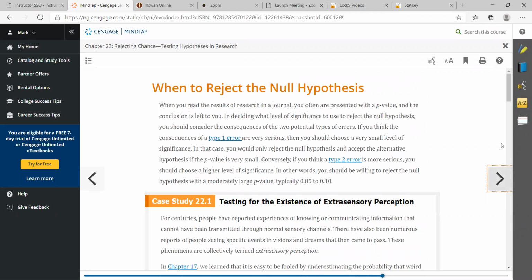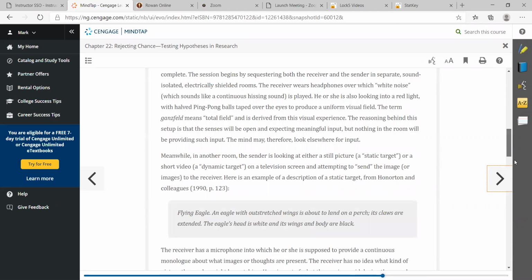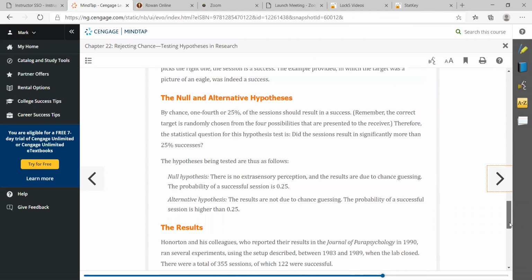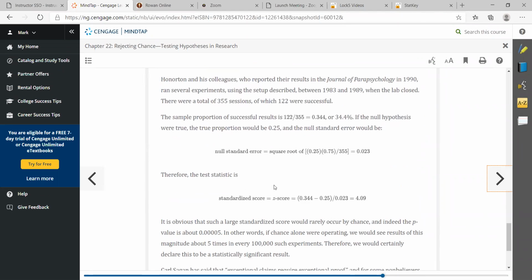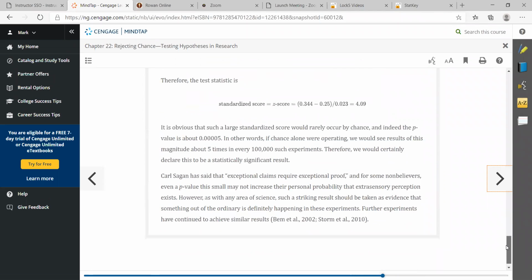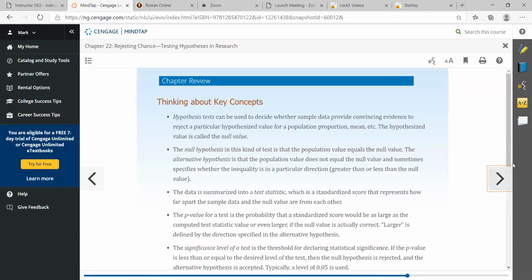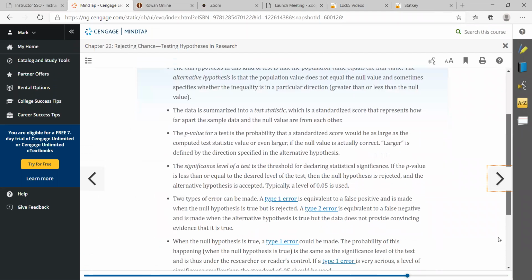When to reject a null hypothesis. Now, in here, they do go through the calculations, these formulas, but they do use what's called a p-value to determine. So let's see if they have a definition of a p-value here.